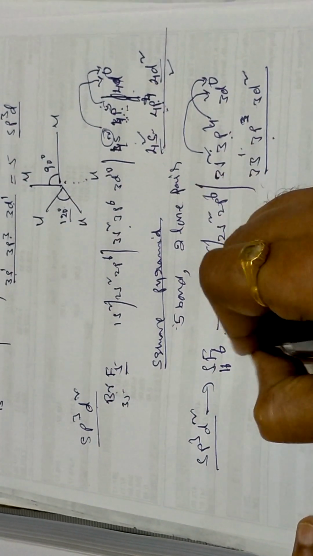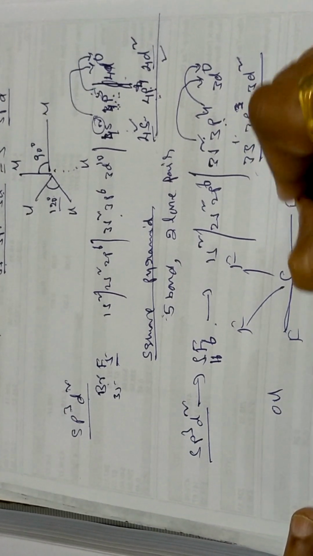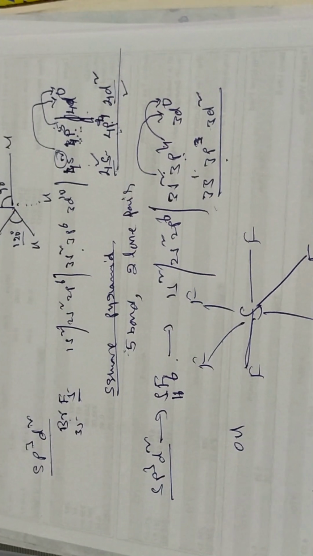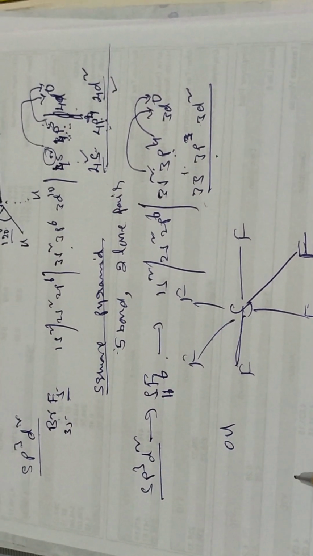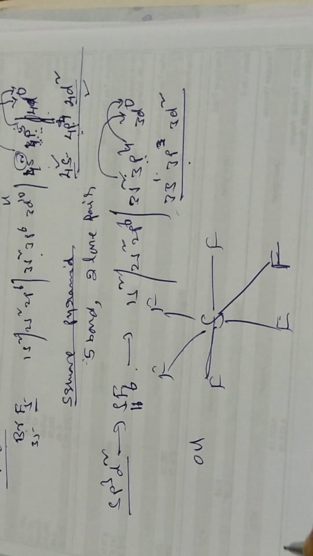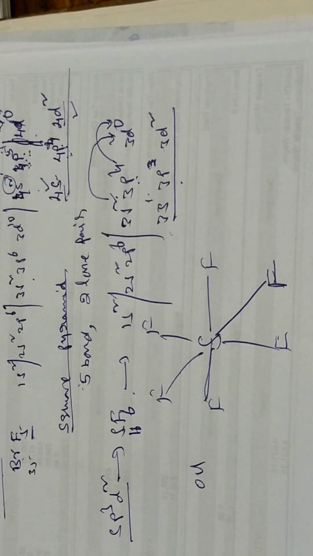Here all the fluorines form sigma bonds and the bond angles are perfect, 90 degrees.